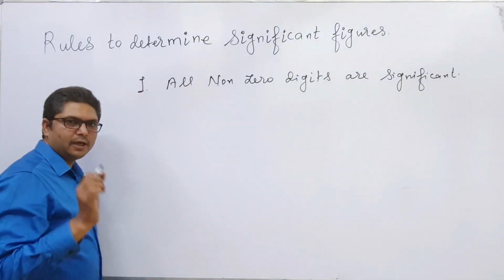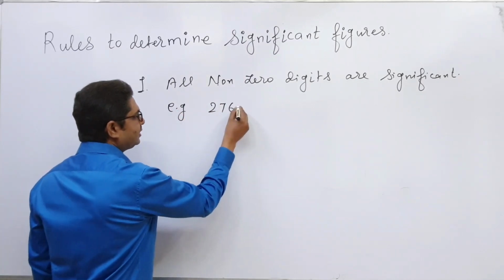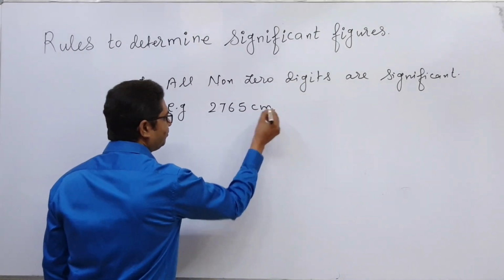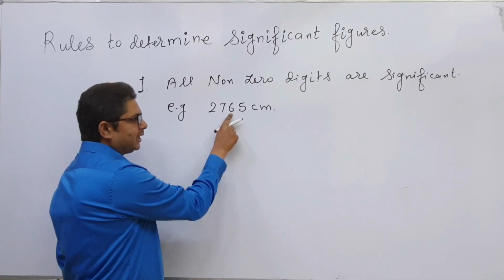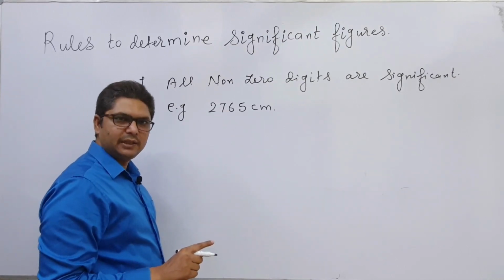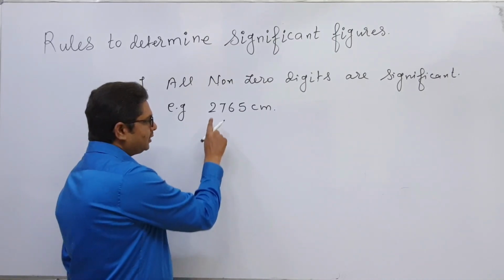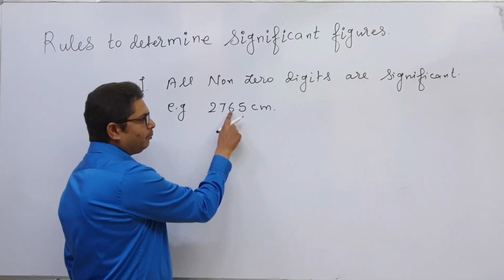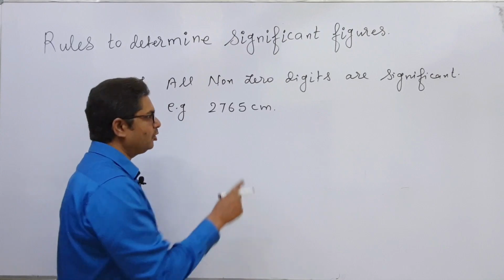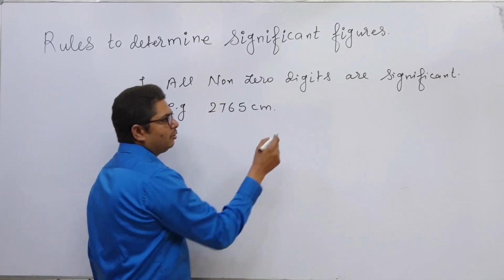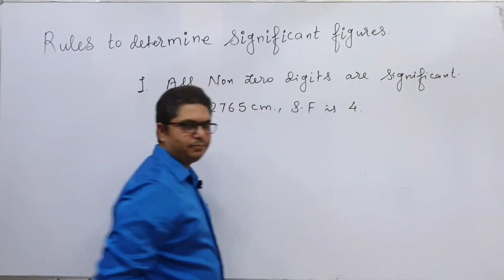This means that if I give you an example, 2765 centimeter, then 276 are certain digits and 5 is the uncertain digit. The sum is 1, 2, 3 plus 1, 4. This means that significant figure is 4. So we can count like this also, 1, 2, 3, 4. So we can write here significant figure is 4.